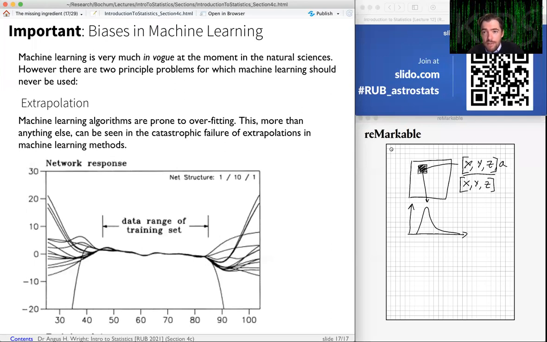Now, you can think about this, if you're an astronomer, as being, for example, galaxy colors as X, Y, and Z, and then this parameter here, A, as being an additional parameter like, I don't know, redshift, distance to that galaxy.